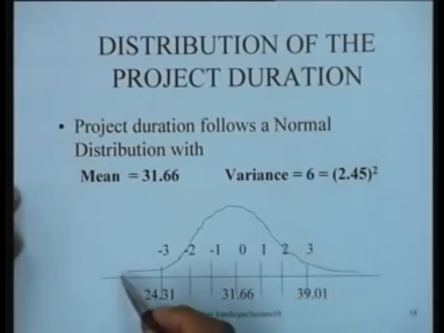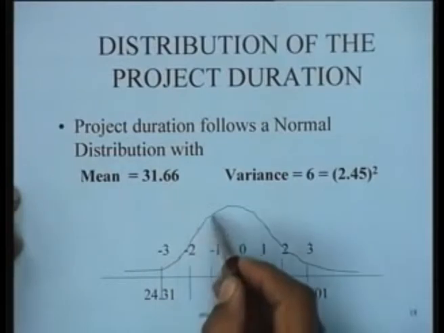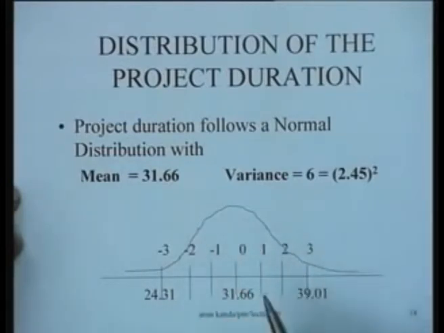So the normal distribution would typically be a distribution which is something like this, and you notice here that the mean completion time of the project is something like 31.66, and we can make use of certain properties of the normal distribution. You know, the normal distribution is contained almost entirely within plus minus 3 sigma limits.